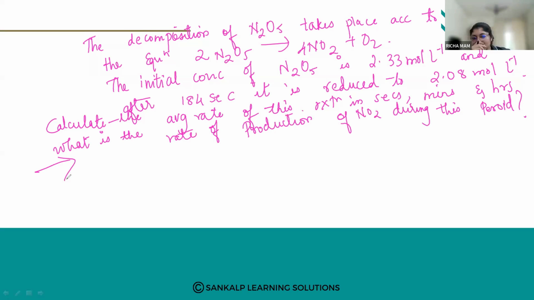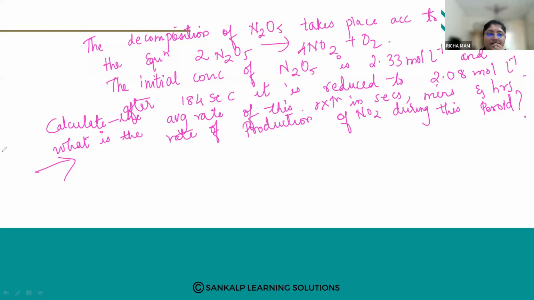The initial concentration of N2O5 is 2.33 mole per liter, and after 184 seconds the concentration is reduced to 2.08. So the change in concentration is 2.08 minus 2.33. You have to calculate the average rate for this reaction in seconds, minutes, and hours, and the rate of production, that is, how much NO2 is produced during this period of time.